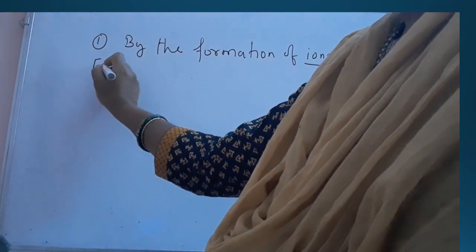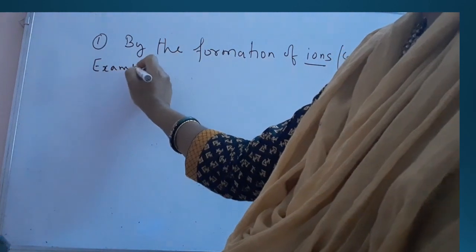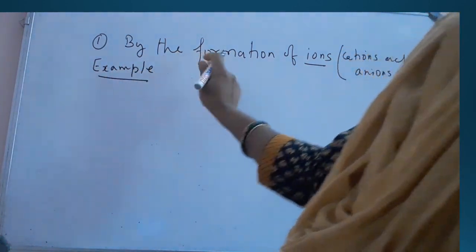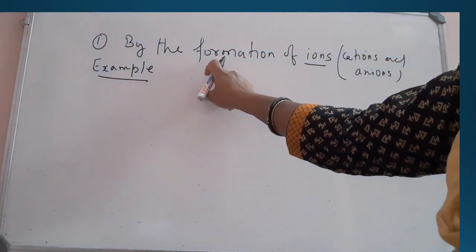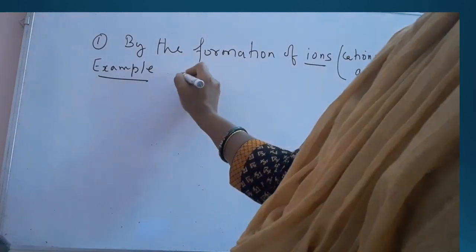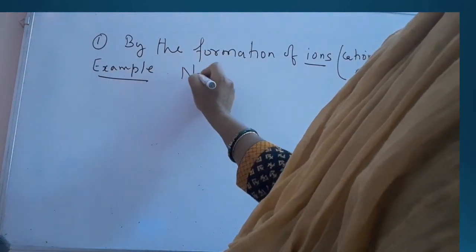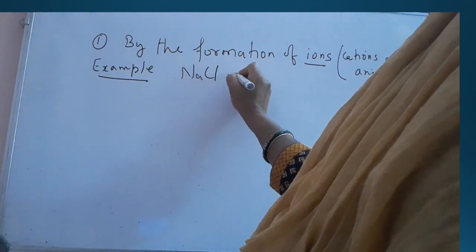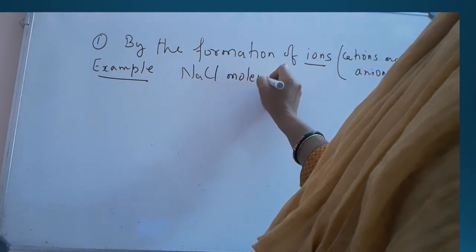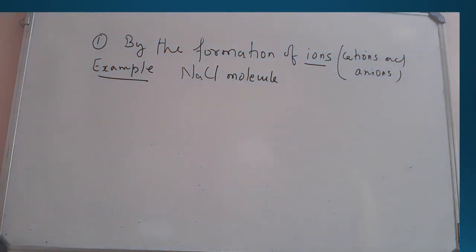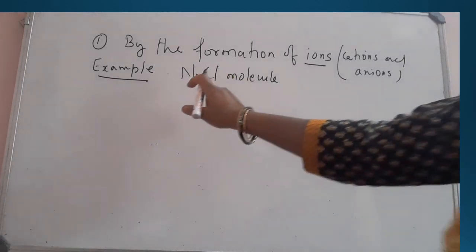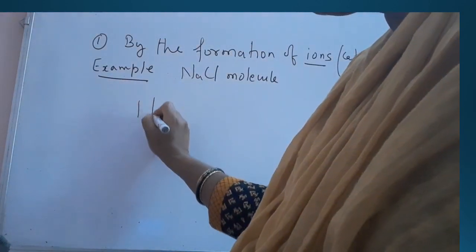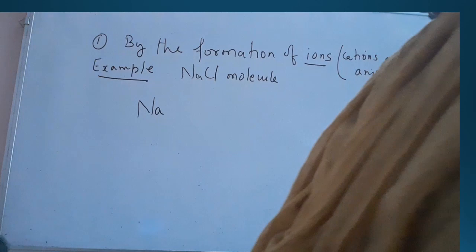Example for the formation of ionic bond through the formation of ions. Number 1, formation of sodium chloride molecule. In this, first of all, you write down the Lewis electron dot structure.